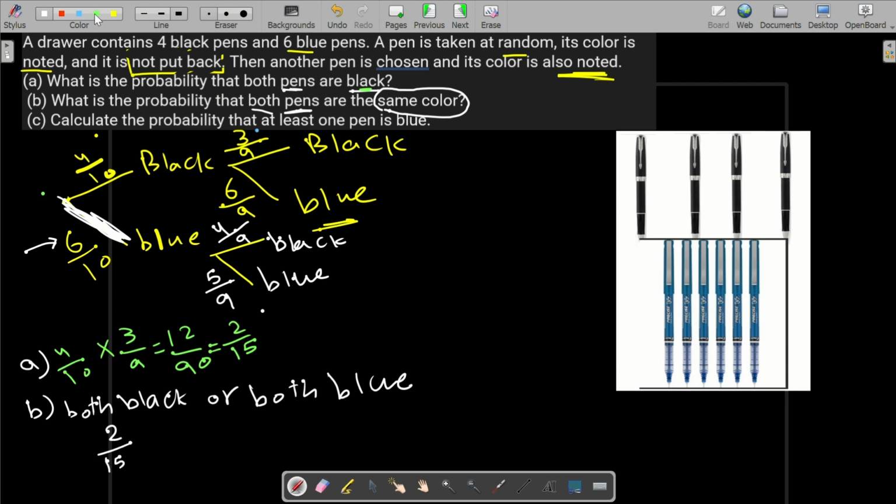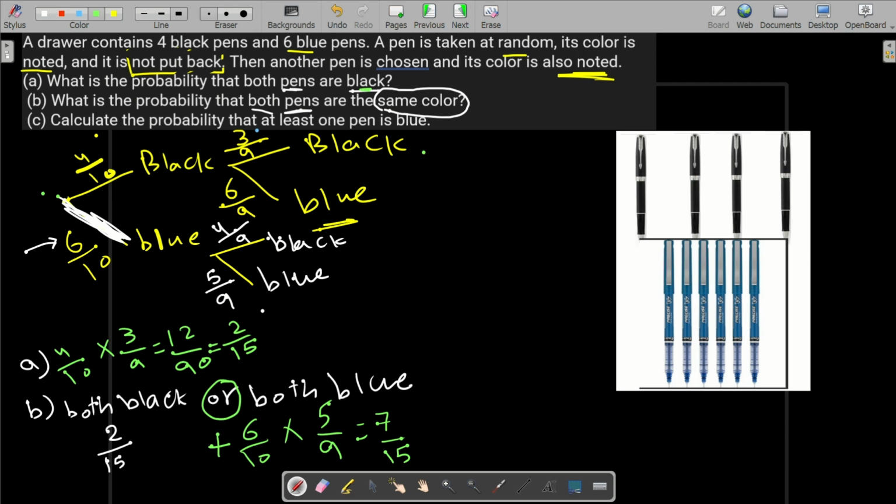Or, as I told you before, or here means plus. Both blue, so blue, then another blue, which is 6 over 10 multiply 5 over 9. When you do the calculations, the answer is going to be 7 over 15. Okay, this is question A and question B.